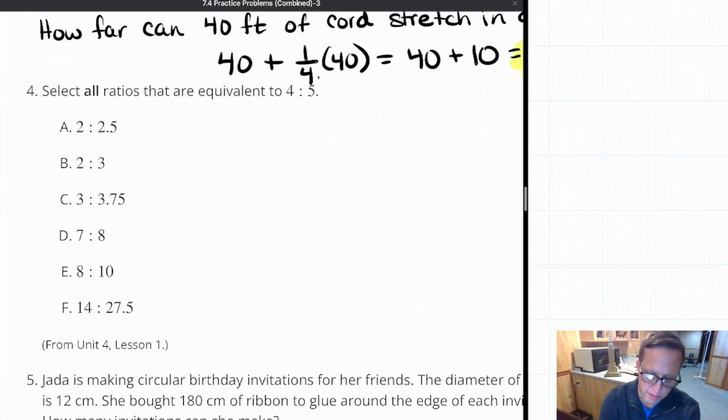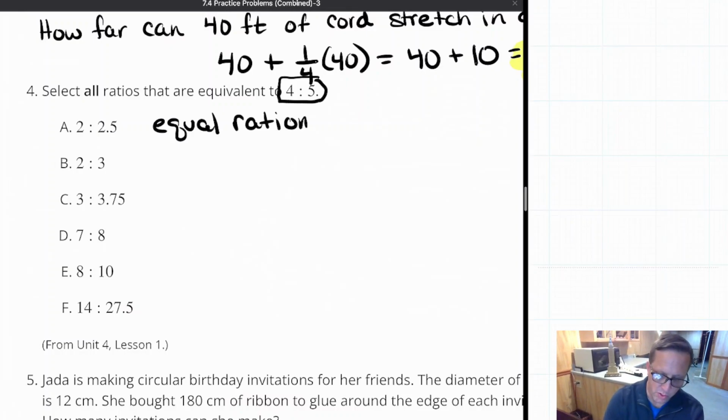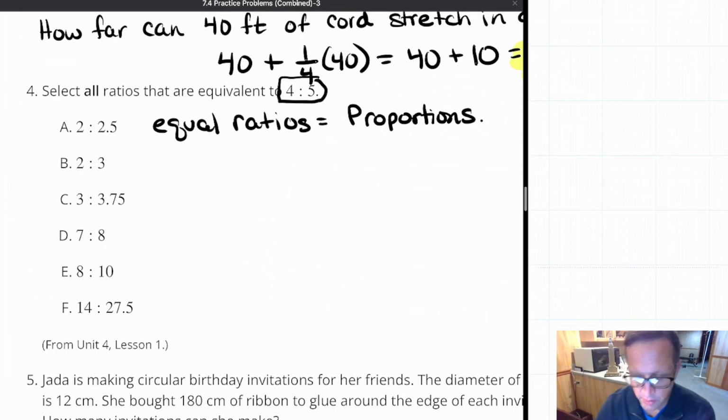So 4 to 5, like that. And when we set ratios equal to one another, those are called proportions. Proportions are equal ratios.